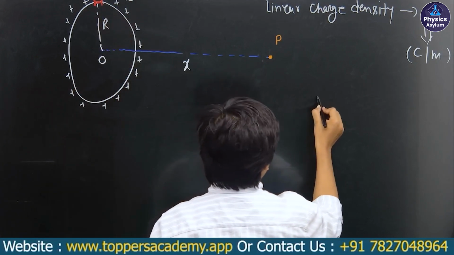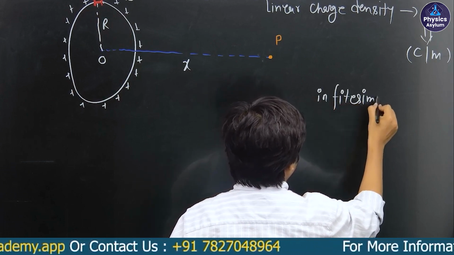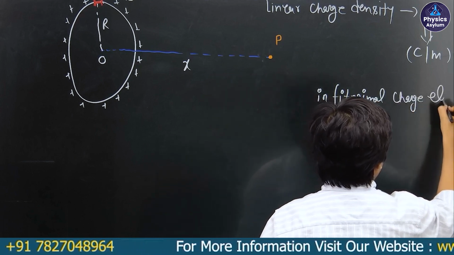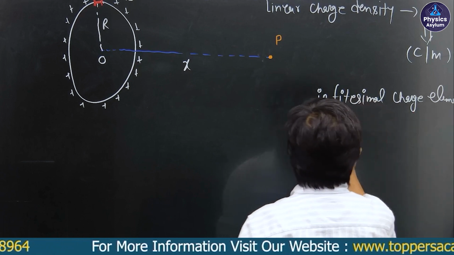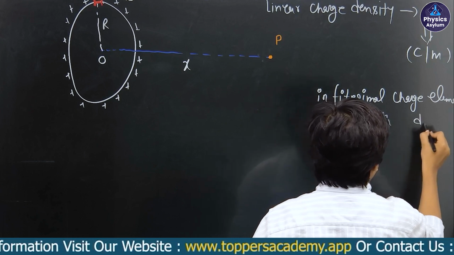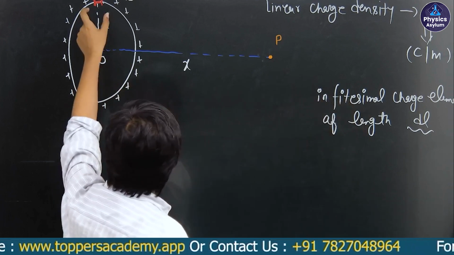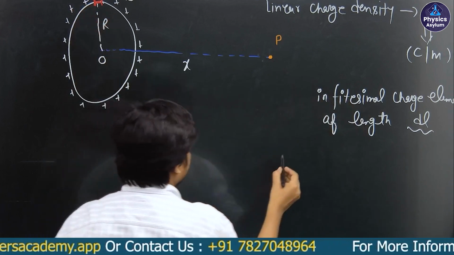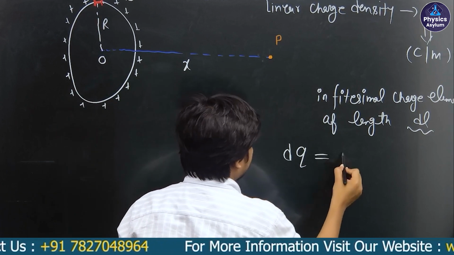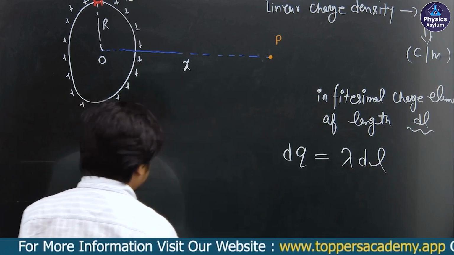So let me write here: infinitesimal charge element of length dl. If this much is the length of this element, then what will be the charge? That infinitesimal charge on it will be equal to lambda dl.